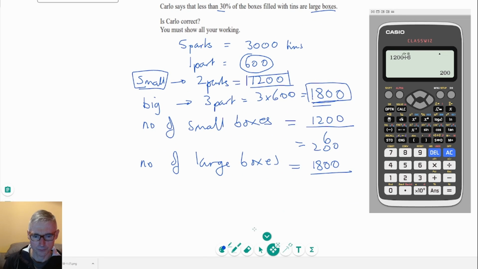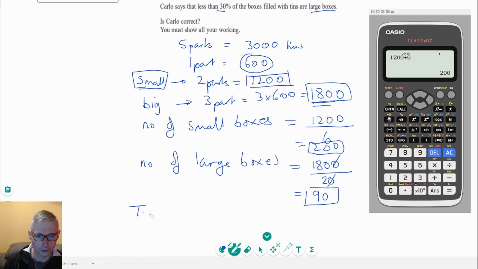So I'm going to divide that 1,800 by 20, and we'll do this without the calculator. So we cross off a 0 there, and then that will leave us with 180 divided by 2, which is 90. So that's telling me that in fact we've got 200 small boxes and we've got 90 large boxes.